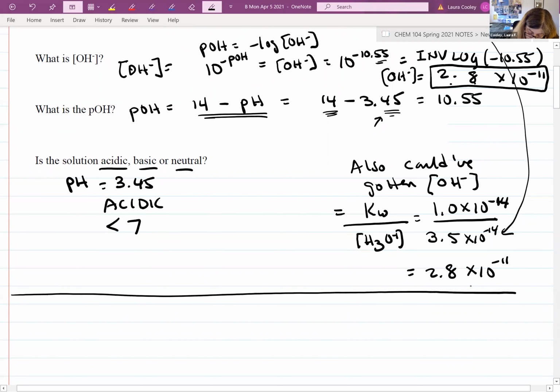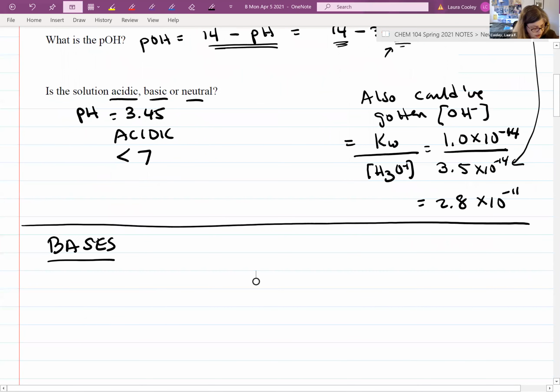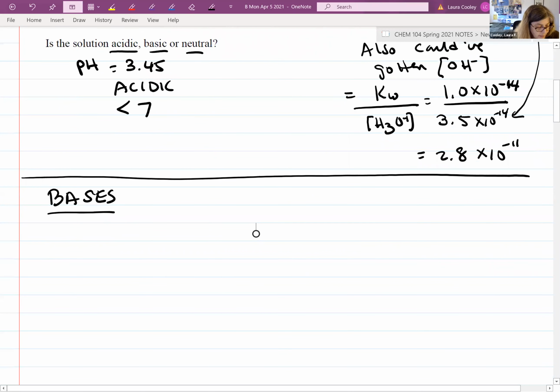I haven't done much with bases, so I'm going to talk a little bit about bases. And then we'll see if we get to salts. I don't know, probably not. What time is it? 3:12. I'll have a little time to talk about bases. So as you know, or you should know, bases are producers of hydroxide. That's the simplest definition.